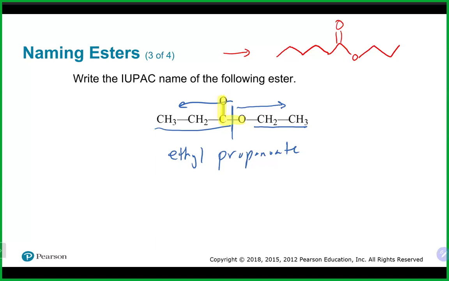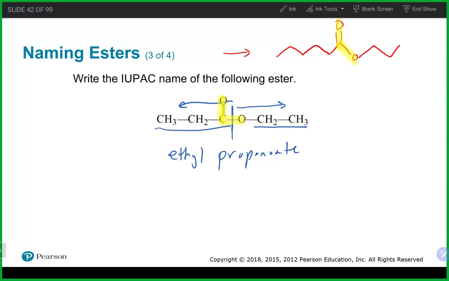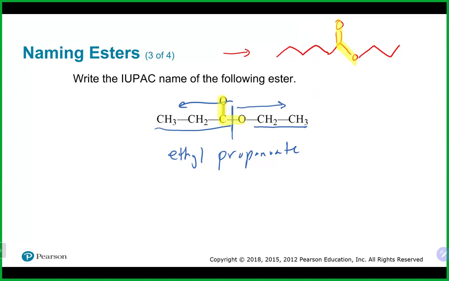Same thing if we look at the one I just drew there, we could see hopefully our ester group right there. Again, there's a carbon right at the end of the double bonded oxygen going into that other oxygen. That means it works the same way if we're playing with our line structure here. We'll break it still there. We're going to go away from it to get our alcohol part, which should be to our right. That would be 1, 2, and 3 carbons there, so that's a propyl.